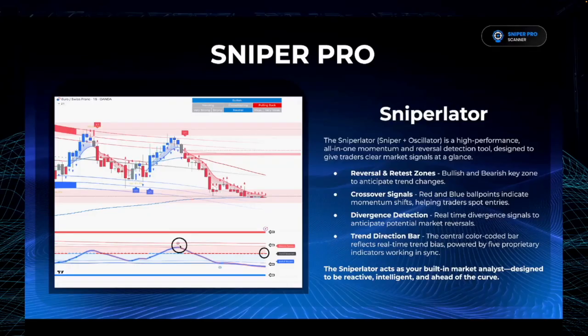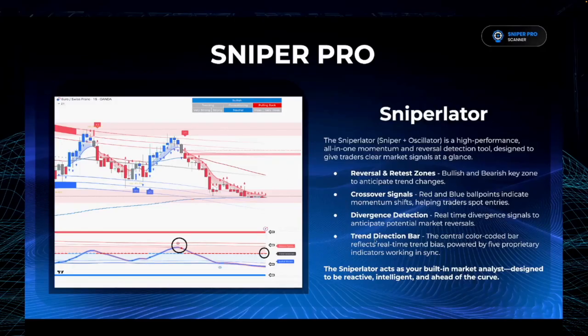So there's something funky going on in the market. Whenever you see real-time divergence in a key zone, in a Bollinger Band, with a scorecard and a crossover signal, this is going to give you some really strong confirmations that this market may be turning over.